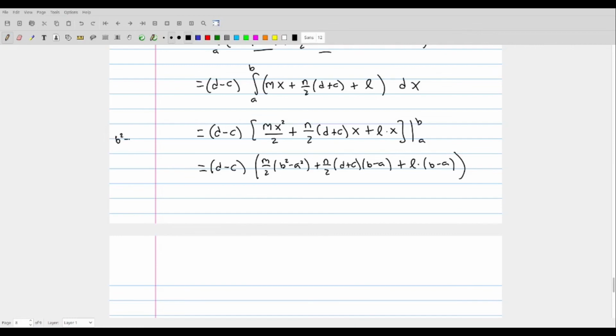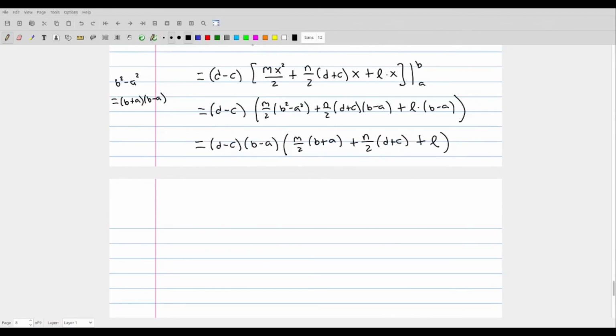We have this b squared minus a squared, which is the same thing as b plus a times b minus a. So I can factor out a b minus a from every single one of these terms in this expression, which gives me d minus c times b minus a times m over 2 times b plus a plus n over 2 times d plus c plus L.